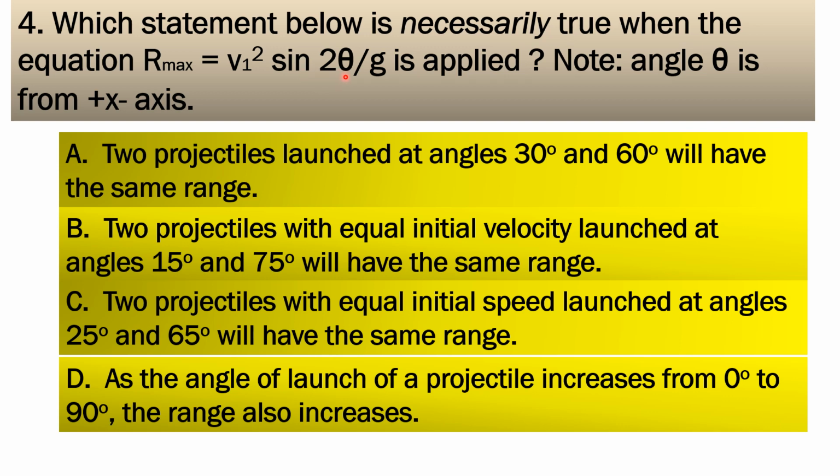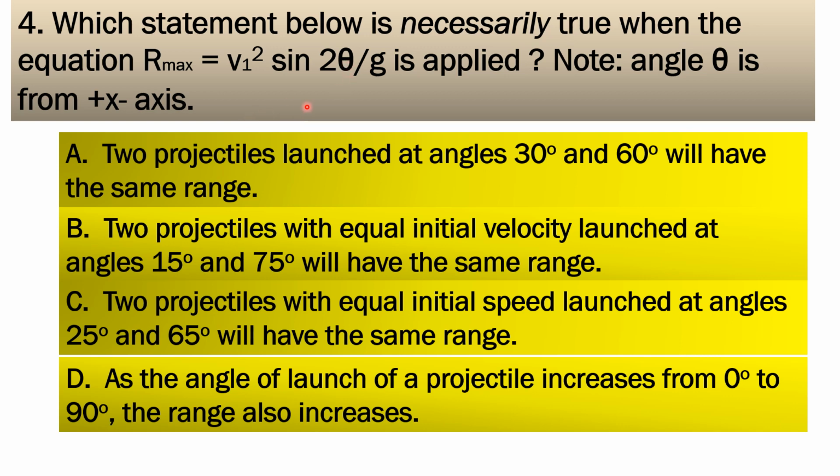The angle of launch, for example, 30 degrees. Case 1 is the angle of release or the angle of projection is 30 degrees. And for another projectile with the same initial speed, the angle of projection, for example, is 60. The first projectile has an angle of projection of 30.